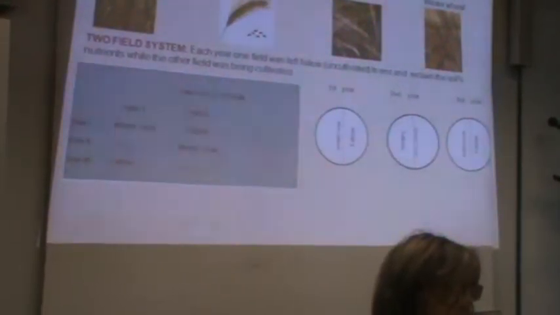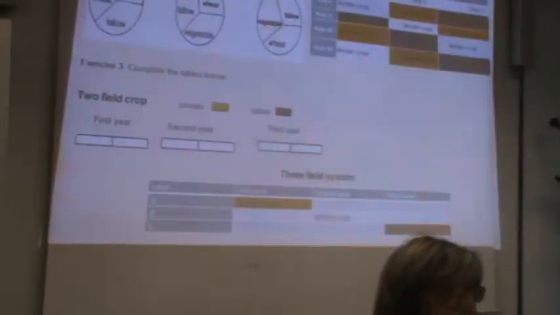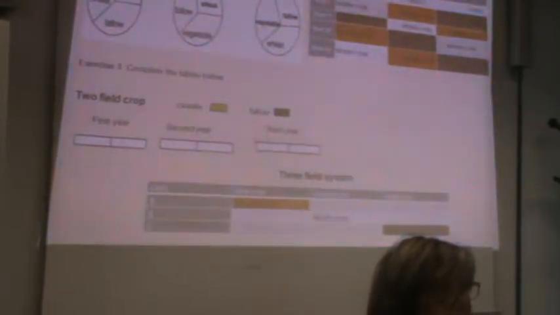And we have the examples of the two-field system. They have to fill also the table with the winter crop or fallow. And we have this exercise too.